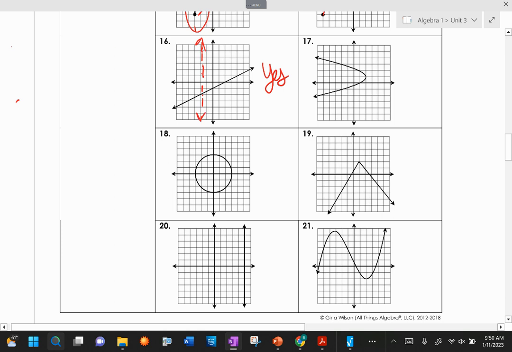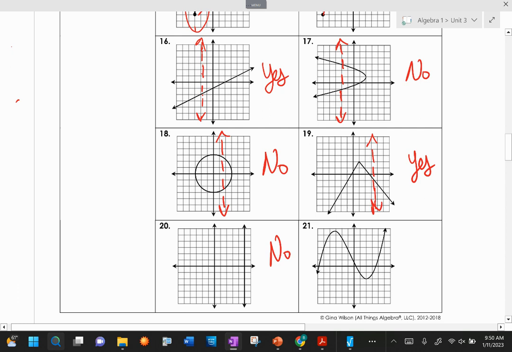Number 17. No. Number 18. No. Number 19. Yes. Number 20. Are we sure? It is no.